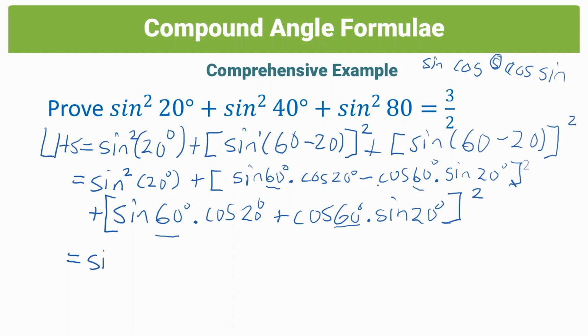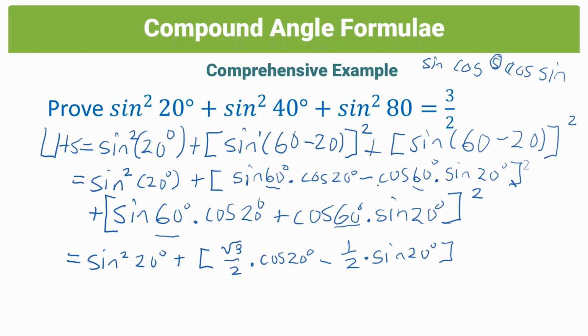That's going to be sine squared 20 degrees plus sine 60 we know as root 3 over 2 times cos 20 degrees minus cos 60 we know to be half times sine 20 degrees.